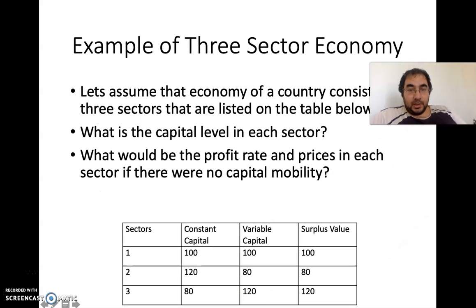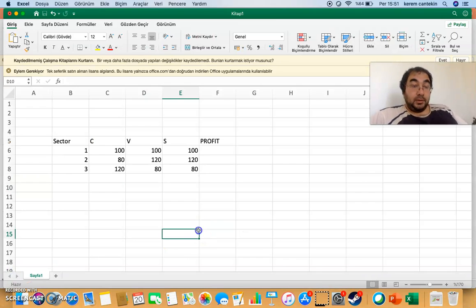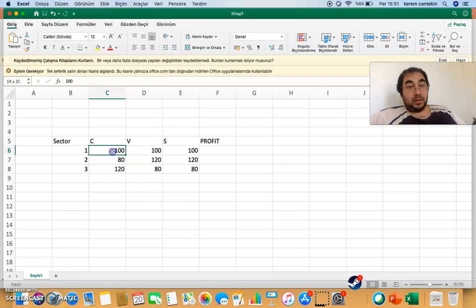Here is the case. Let me write this in Excel. You can see here that if a sector has 100 units of constant capital and 100 units of variable capital, in the end, surplus value will be 100 units.